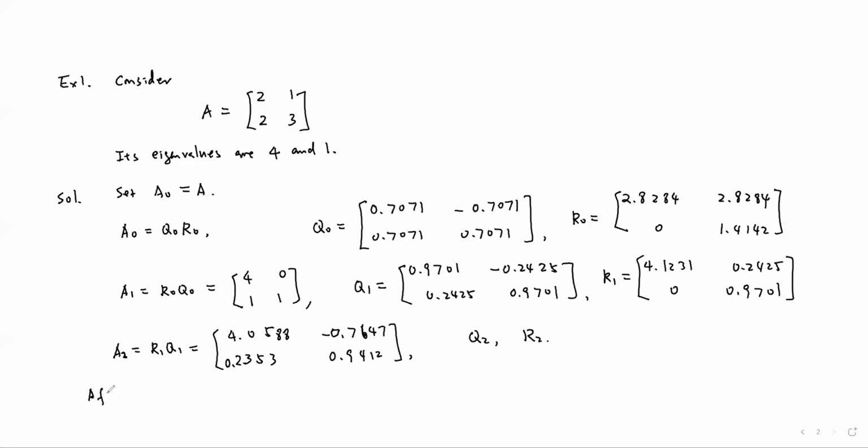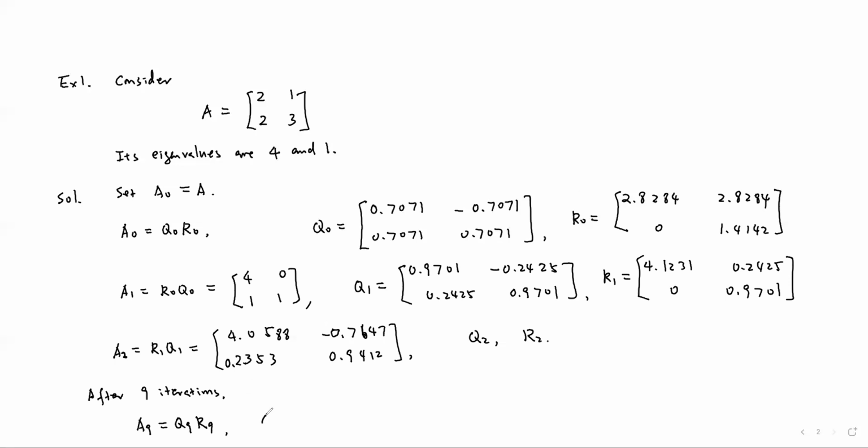After 9 iterations, we have A9. Then perform QR factorization on A9, giving Q9 and R9. Let me move this up.